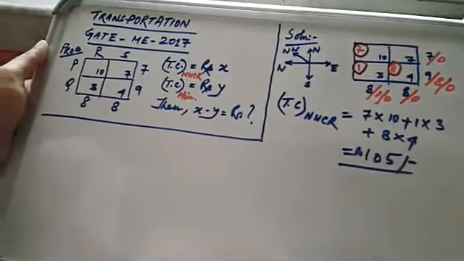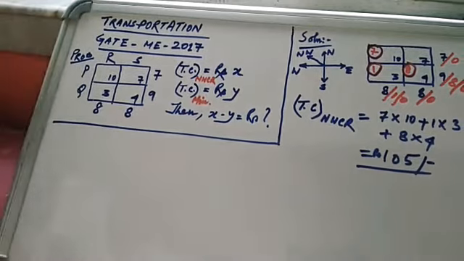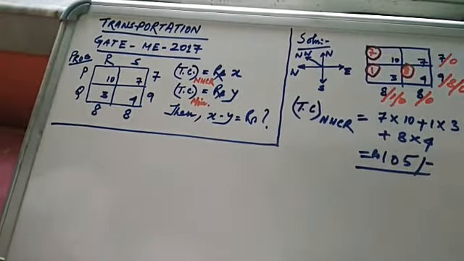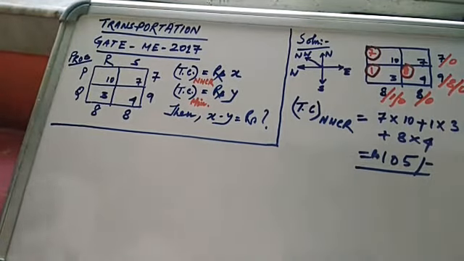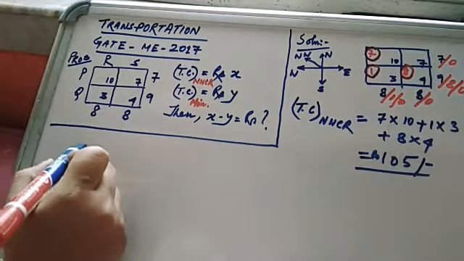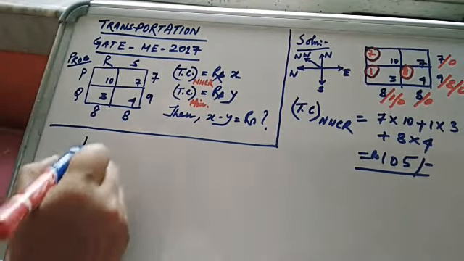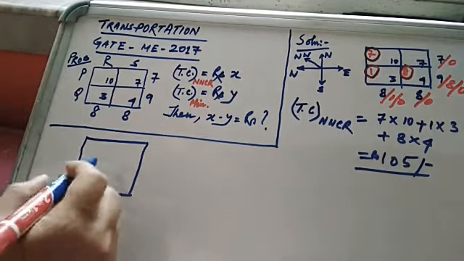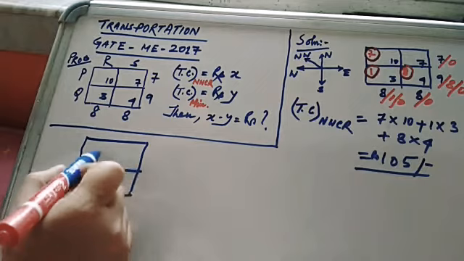Now let us say we have to check optimality of this particular table. So we have to apply the UV method or MODI method. Let us draw the above table again. This is the decision matrix.